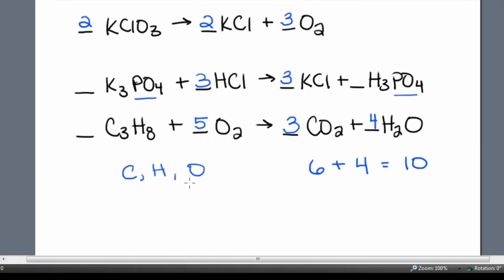So putting these coefficients out in front and balancing our equation is not only important in obviously obeying the laws of nature, like the conservation of matter, but these are going to be really important in helping us determine how many or how much of each reactant we need in order to make a certain amount of product. This is called stoichiometry, or the study of the amounts involved in chemical reactions, and we're going to get to this.